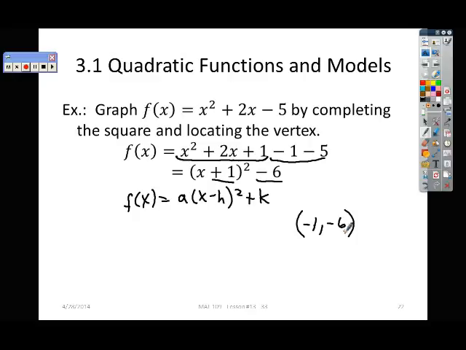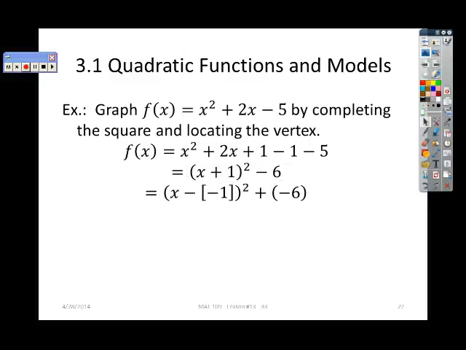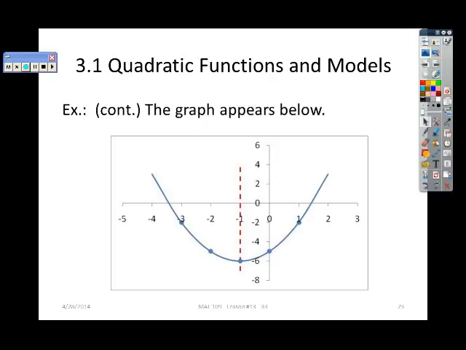The coefficient in front of this is a +1, therefore that parabola opens upward. That's what it looks like. Vertex -1, -6, opens up.